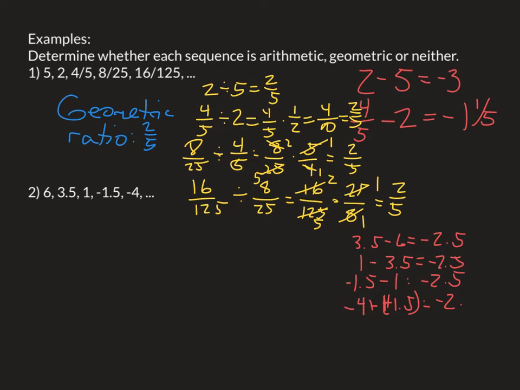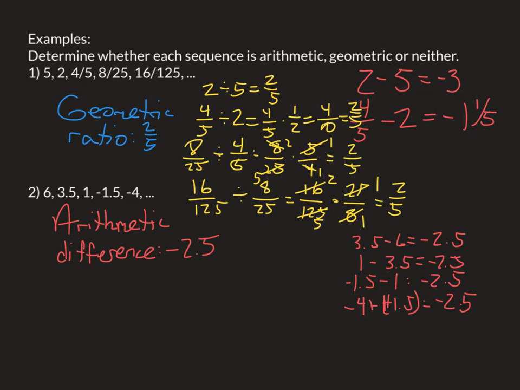So each of these has the same common difference. So this is an arithmetic sequence. And here the common difference is minus 2.5. We repeatedly subtracted 2.5 from each of them.